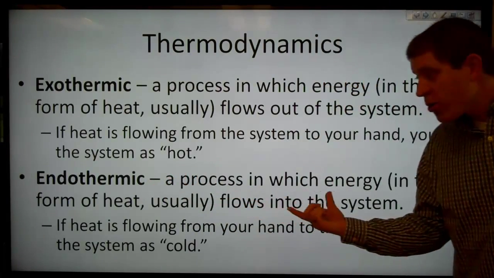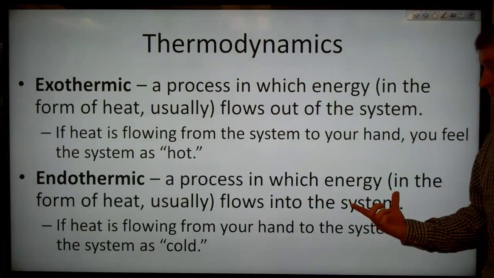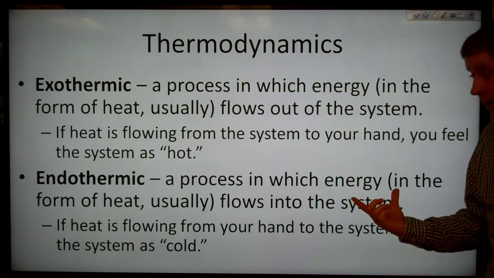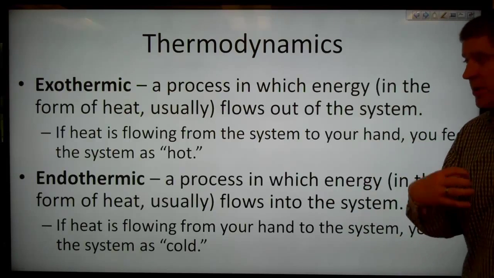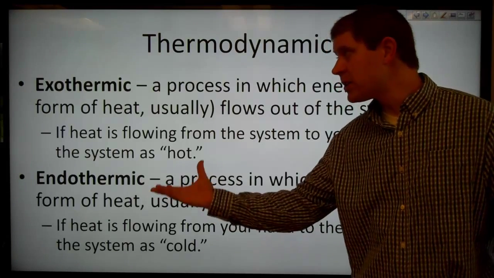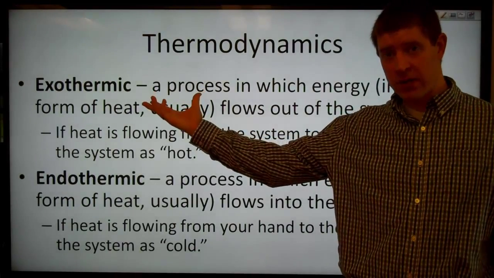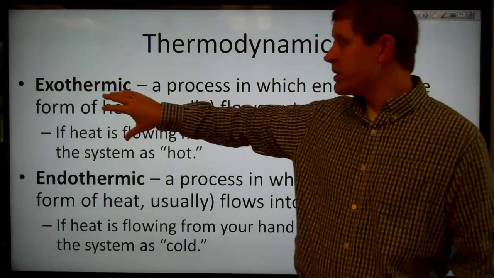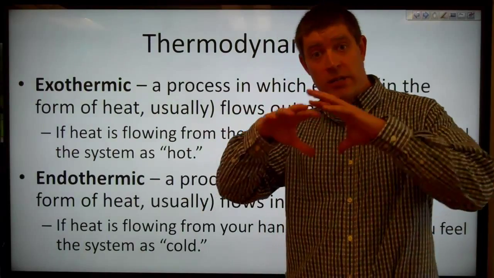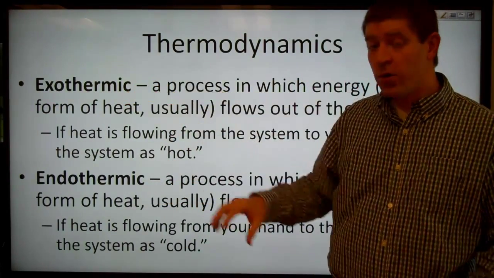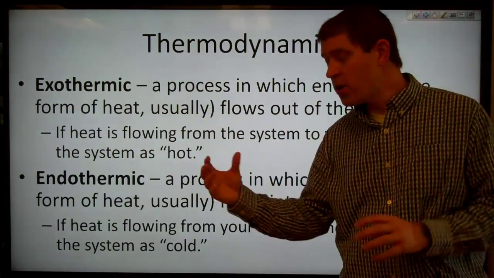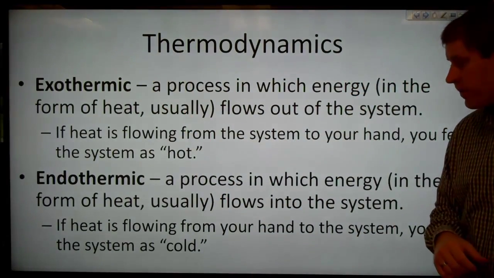An endothermic process, on the other hand, is a process in which energy, in the form of heat usually, is flowing into the system. So the system is gaining energy with an endothermic process, it's losing energy with an exothermic process. Exo means outside, endo means inside. So exothermic means energy is leaving the system, endo means energy is entering the system.